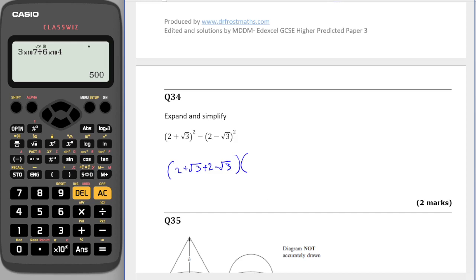So 2 minus 2 is just 0, and then root 3 plus root 3 would just be root 3. So that's going to give me, I would have made a mistake here, so that would give me 4, and that would cancel out, so we just have 4 root 3.